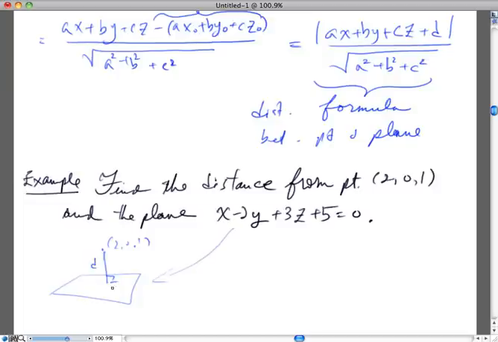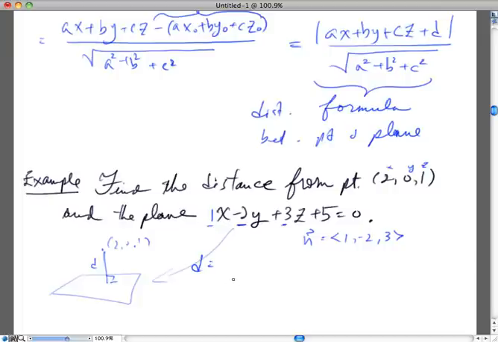So we went through some fancy derivation to find that formula. Now that we have it, we should use it. So the d is equal to, oh, by the way, this x, y, z stands for this one, x, y, z. And this right here, this 1, -2, 3, is the components of the normal vector, which are also the coefficients of x, y, z.